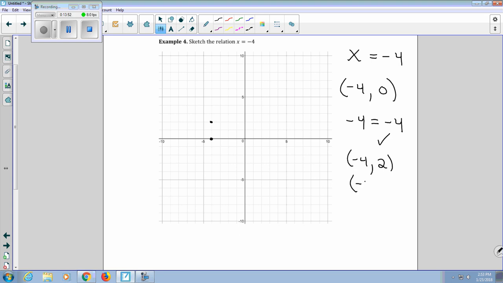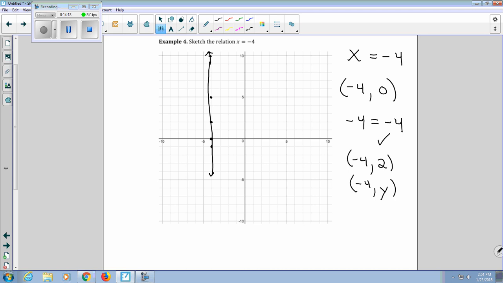You have -4, and no matter what you choose for y, it'll make the equation true. So you could have put 5 in place of y, or 10, or -1. And since everything works, I'll try to draw this as best I can here, but it's just going to be a vertical line going through an x value of -4.